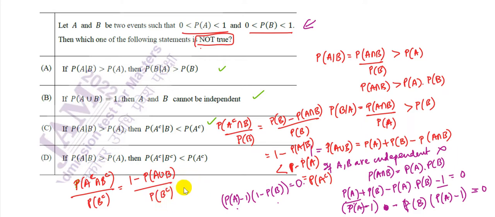Now from here you cannot say anything whether this will be less than probability of A complement or not. So that means this is not true. So this is your answer.